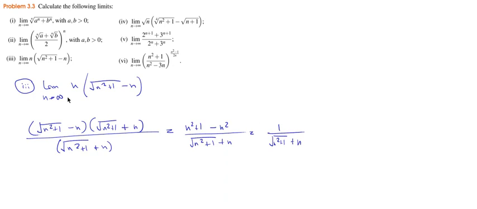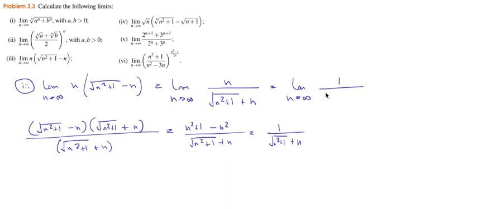Okay, so we can substitute here. Right? So this is the limit when n goes to infinity, and we get n in the numerator, and then the square root of n squared plus 1 plus n, right? Now if we divide everything by n, we have 1, and then we have the square root of 1 plus 1 over n squared, okay?